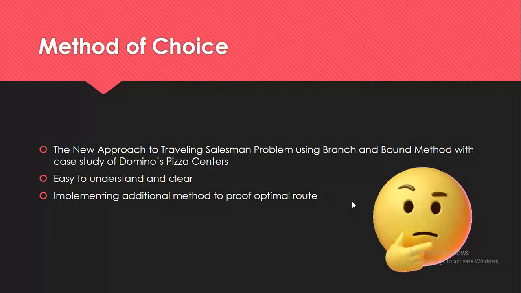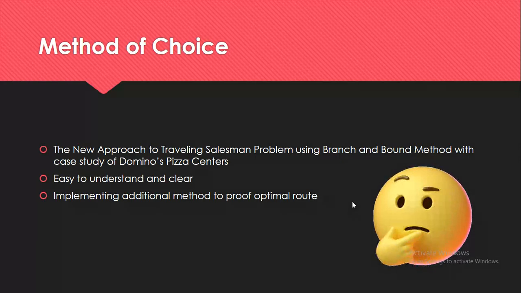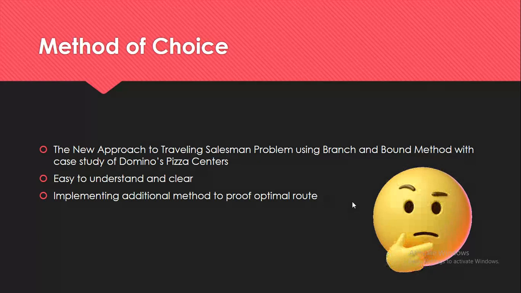If I have to choose between the first paper and the second paper, I'm choosing the first paper, the one titled A New Approach to the Traveling Salesman Problem Using the Dominos Pizza Center, because the method shown by the author is much clearer, easier to understand, and more straightforward.